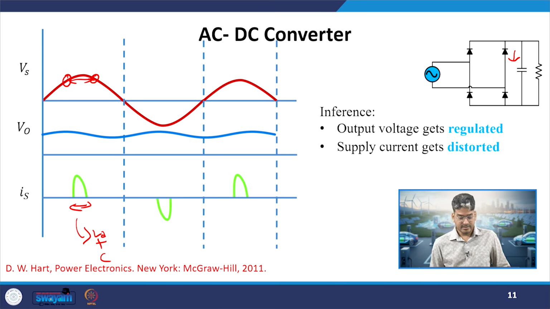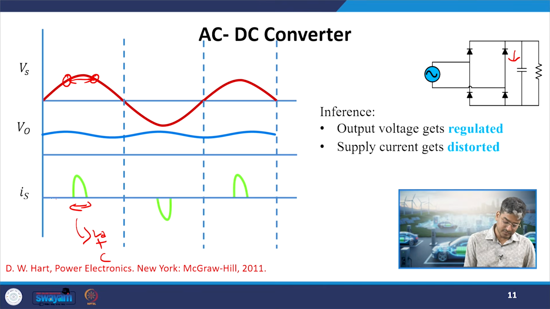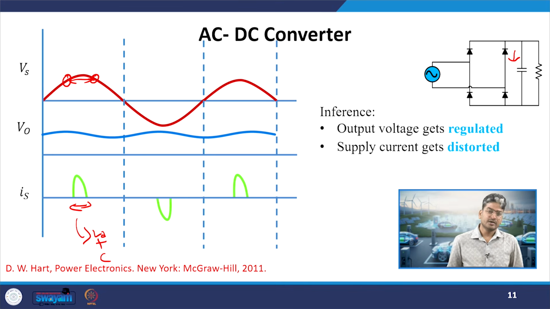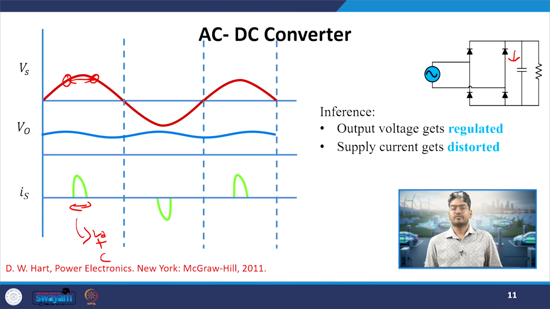So, your current will become peaky, and when I go for Fourier series expansion of this, I will observe that it contains a huge amount of harmonics and the power factor will be very low. What is the meaning of low power factor? Most of the current which will be drawn will have a reactive component rather than the active component. We want the power factor to be nearby unity, such that only active or useful power is drawn from the supply and reactive power is minimum.